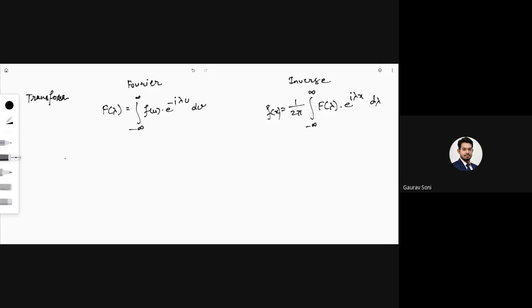Now we will have the cosine transform. The Fourier cosine transform is denoted by F suffix c of lambda, integral 0 to infinity f of u cos lambda u du.